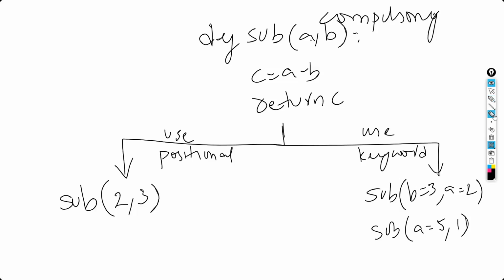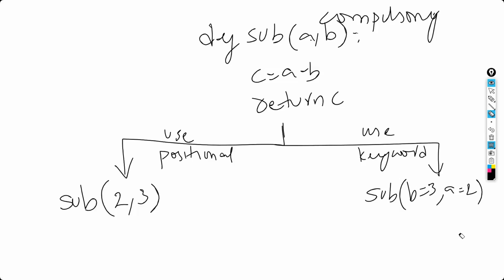Is the point clear? Otherwise, it is going to be a problem. Is that clear, guys? So keep everything either positional or keyword. Don't use 50% of this and this, one argument positional, one argument keyword. Don't use like that. Within the compulsory I'm saying.